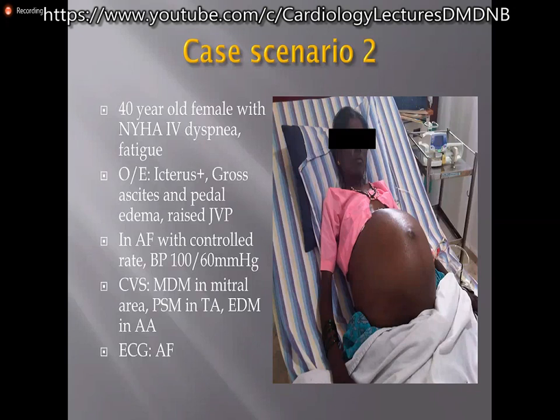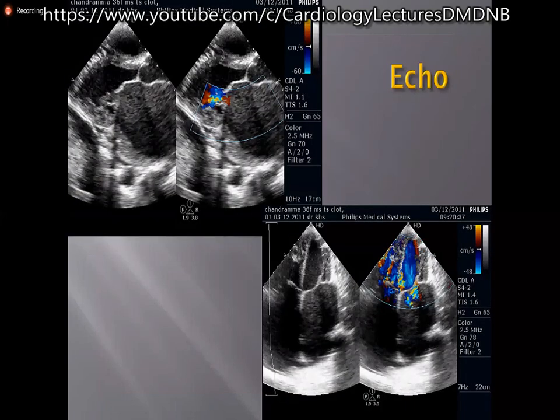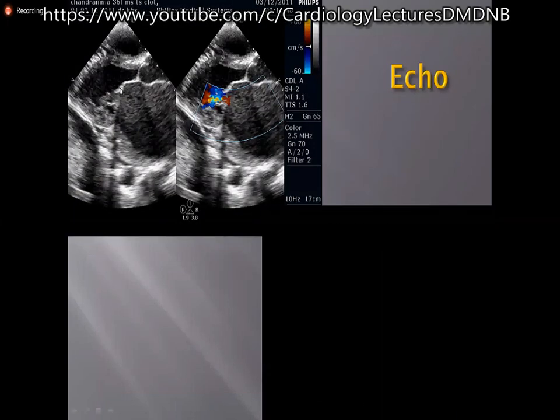So this patient had mitral stenosis and the patient had tricuspid stenosis. You can see heart is big. The right atrium is markedly enlarged, also left atrium, and CT ratio is close to 90%. And you can see here, patient has got mitral stenosis.